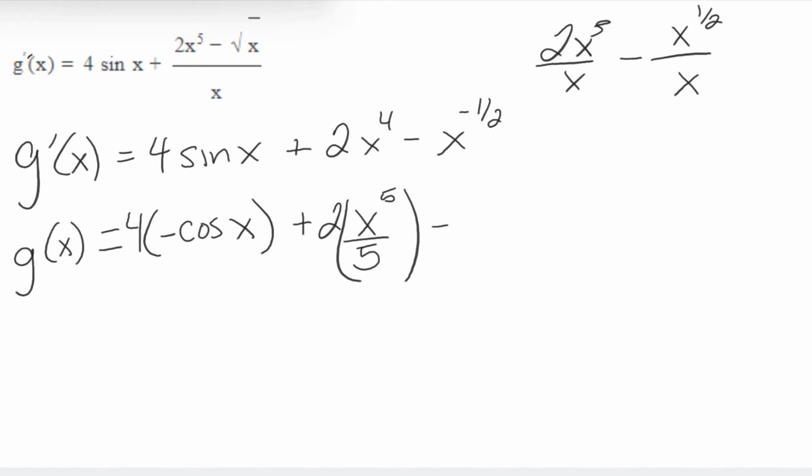What's x to the negative 1/2? It's going to be x to the 1/2 divided by 1/2, which is going to become 2. I'm writing it out right now. I'll simplify that in a minute.